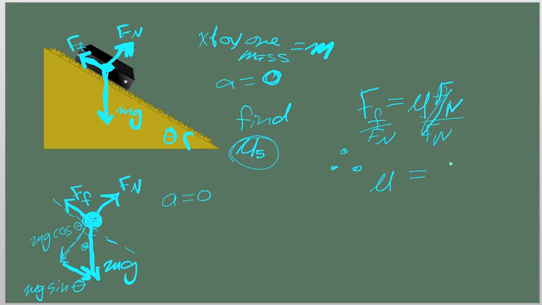Therefore, mu is going to be equal to your force of friction over your normal force. Well, actually, I should have said to answer this in terms of mass, any fundamental constants, which the only one we've really dealt with is your acceleration due to gravity or your gravitational field, and theta. So your answer is going to be in terms of these things.